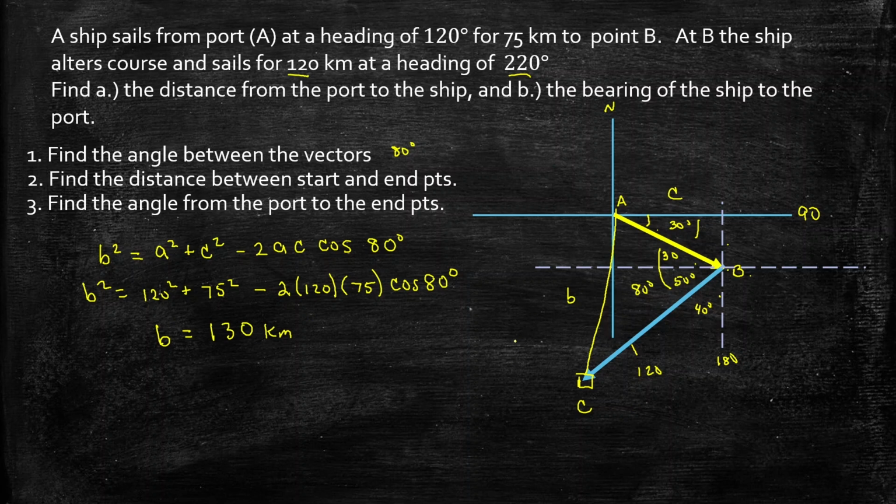Okay, so that's the magnitude. That's the distance. So that's the first thing I wanted to answer right here. Now what I really want to find is this angle A right here, because I can find out my bearing from that, which direction I'm heading.